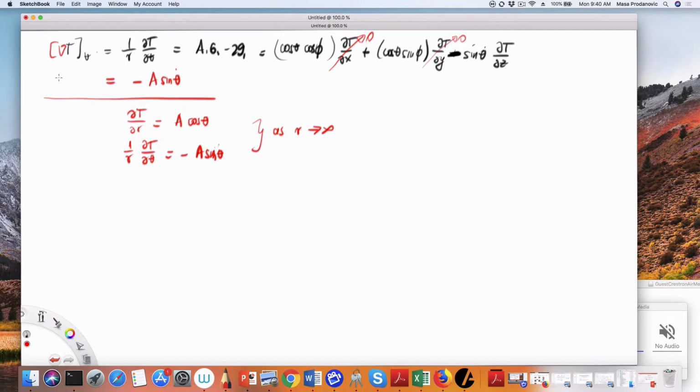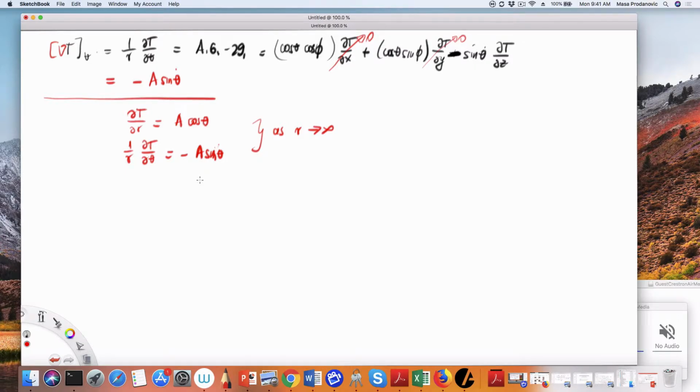All right, so now what we actually want to do is simplify our life and assume a functional form, or a separation of variables form, for t. This is a common practice for partial differential equations. If t is a function of r and theta, you assume that t is one function of r times another function of theta.